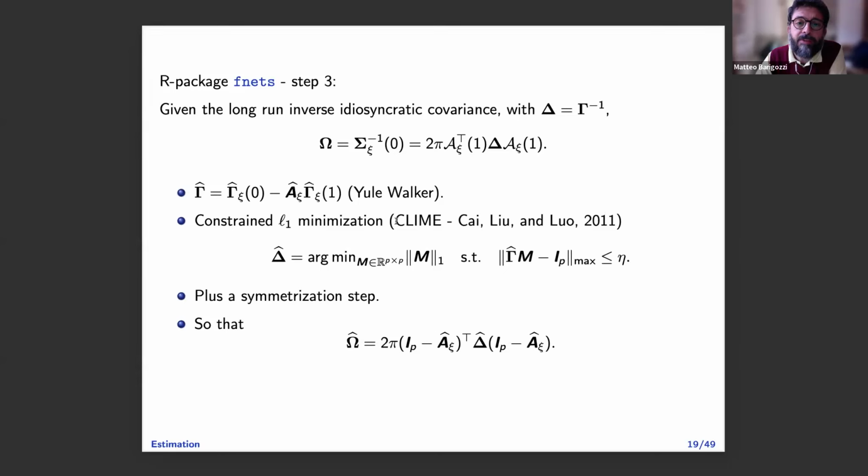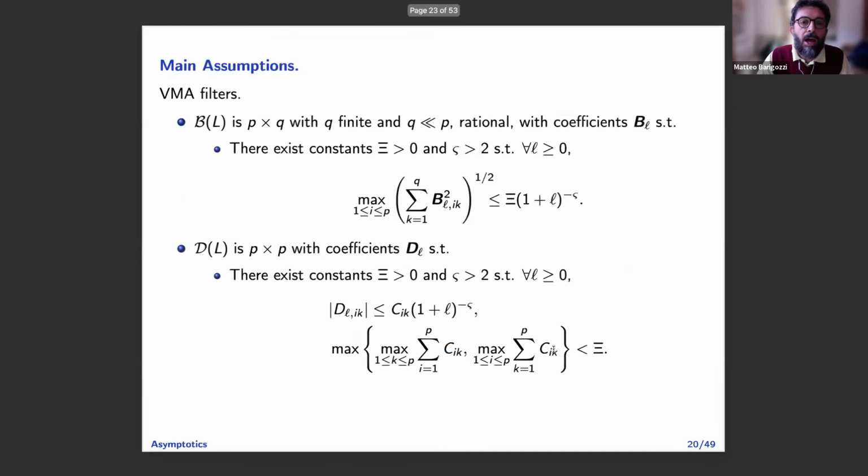This is a standard approach. Not saying that it's the best one, but we borrowed it from the literature, and we solve this problem. This problem doesn't give you a symmetric delta hat, but it can be symmetrized easily. And then in the end, your long-run covariance, the spectral density at zero frequency, is given by this. So we will have results for all these terms.